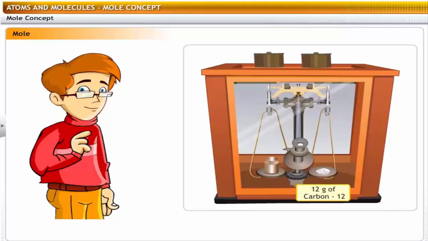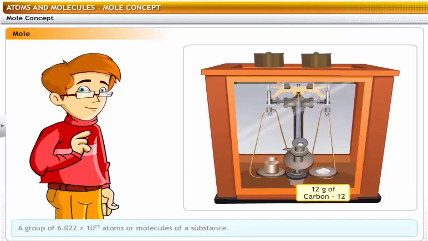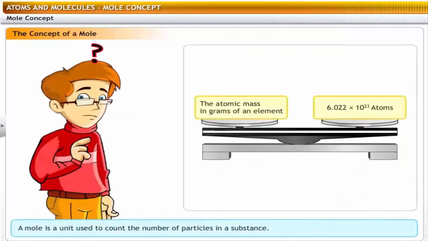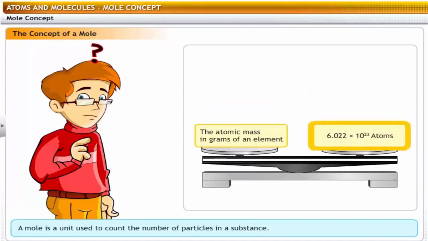Scientists, through various experiments, found that the number of atoms present in 12 grams of carbon-12 is equal to 6.022 multiplied by 10 to the power of 23. This means the atomic mass in grams of an element contains 6.022 multiplied by 10 to the power of 23 atoms of that element.